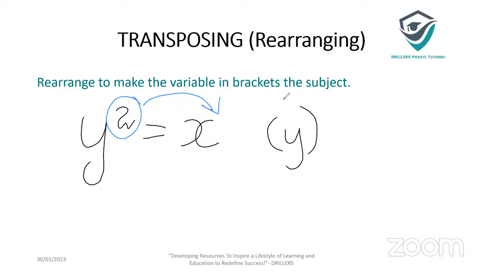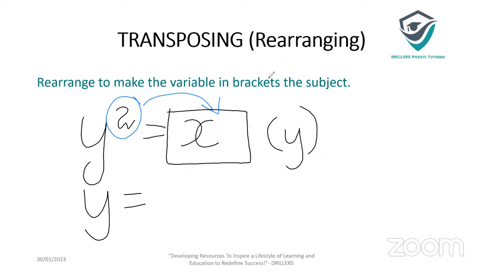Now remember, when we move things across the equation sign, we do the opposite. So if I have squared, the opposite of squared would be square root. So my next step is going to be y is equal to, and the square root, that square that we're carrying over, which will become square root, is going to govern everything on the right-hand side.